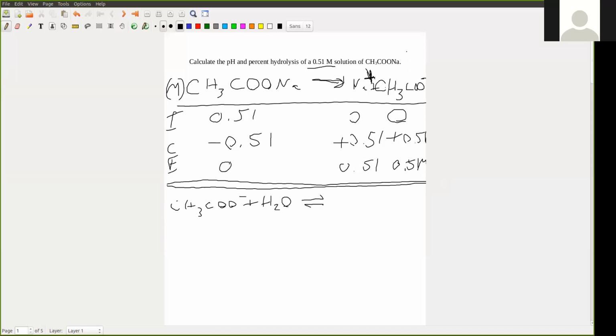And what's going to happen is you can tell from the minus sign that acetate is a base, or has basic qualities. So it's going to deprotonate, which means remove a hydrogen from our water. In fact, it's not really a hydrogen, it's actually a proton that it's removing, H+.